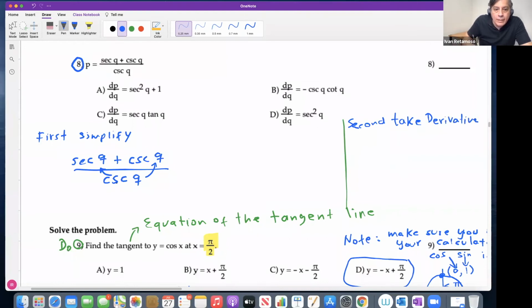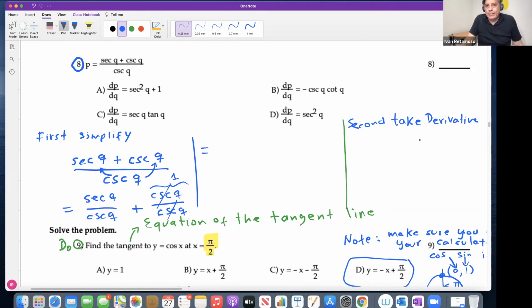First simplify and then take the derivative, right? When I say simplify, I mean you have to divide this by this, plus cosecant of q over cosecant of q, and this will be just 1. Simplify and then take the derivative using this sheet, right?